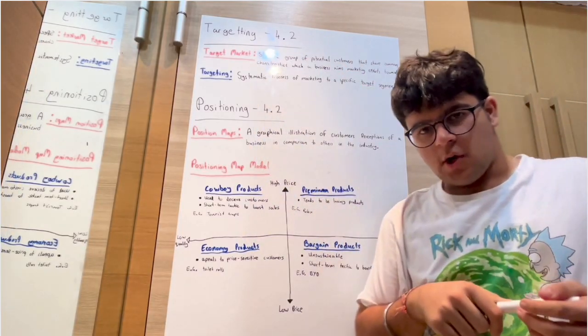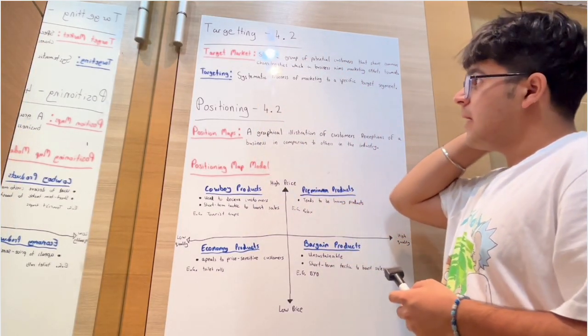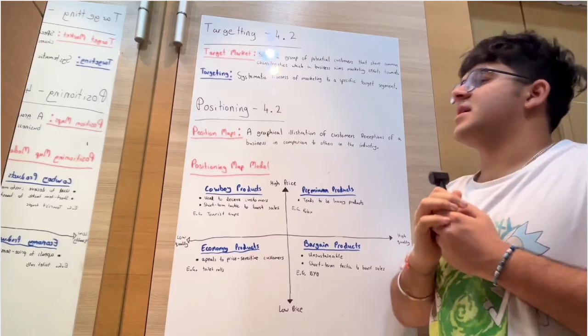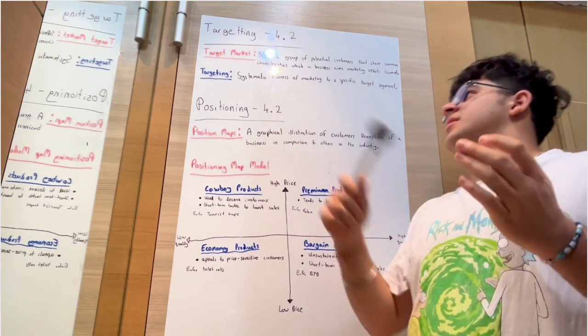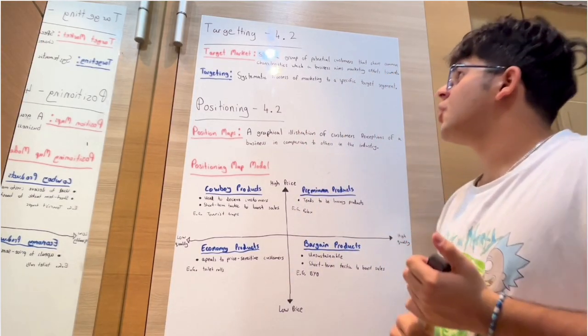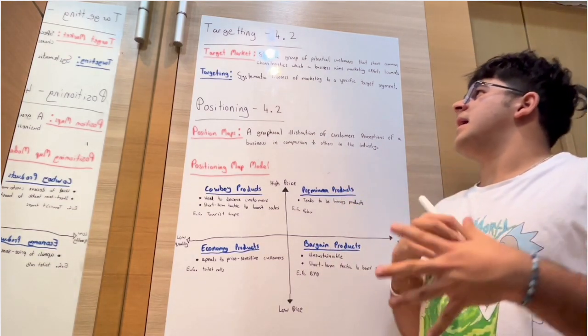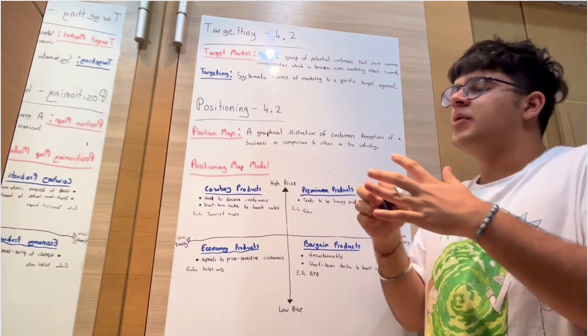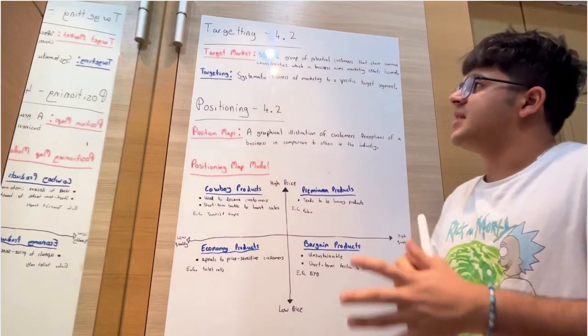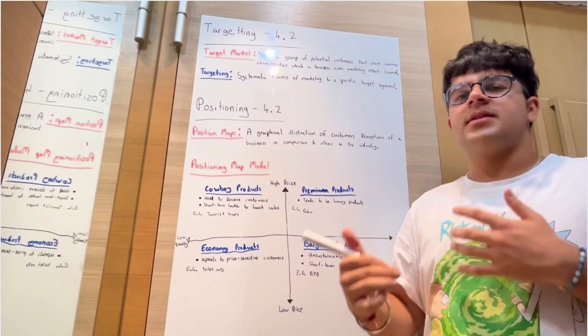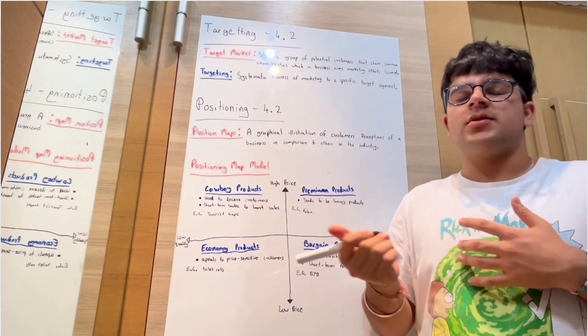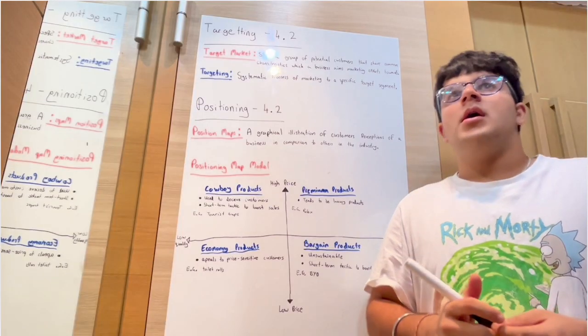4.2, targeting. Okay, in marketing, this is a short unit. You can literally see that. Target market is a clearly and specific group of potential customers that share common characteristics in which a business aims its marketing strategies towards.